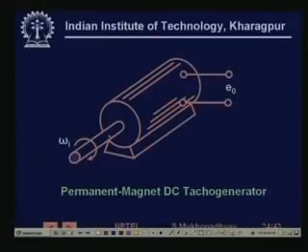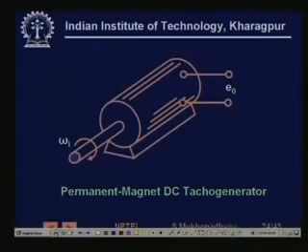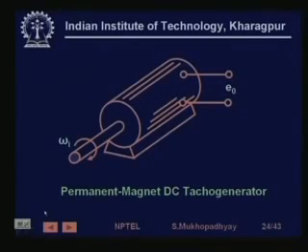In this case, the magnets are fixed on the stator, and it is the coils on the armature which are moving. As they move, they give you a DC voltage, and as we know, the magnitude of the voltage is directly proportional to the speed, because the flux is constant. So this is a very common instrument which is used.